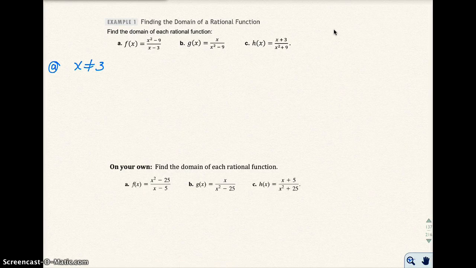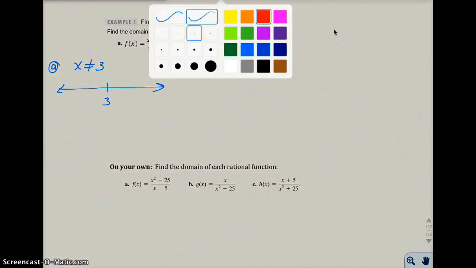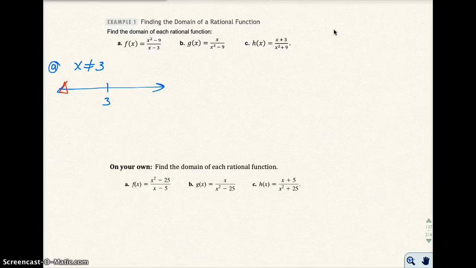So basically, all numbers except for 3 would work. If we look at this number line, here's 3. Every number will work except for 3. So we state that in interval notation: from negative infinity to 3, not including the 3, or from 3 to infinity.